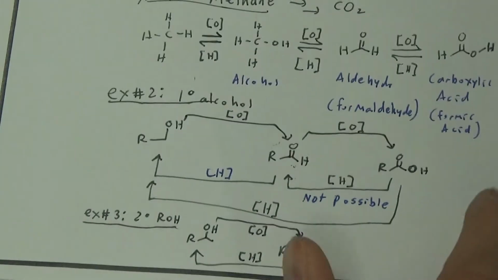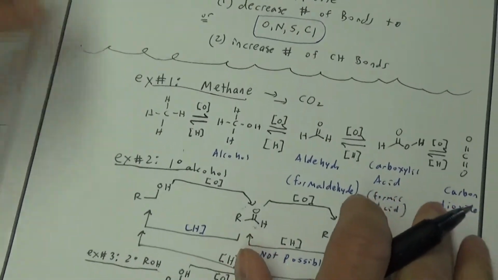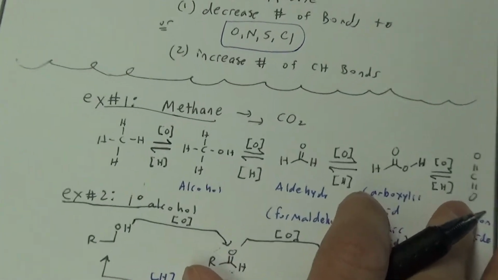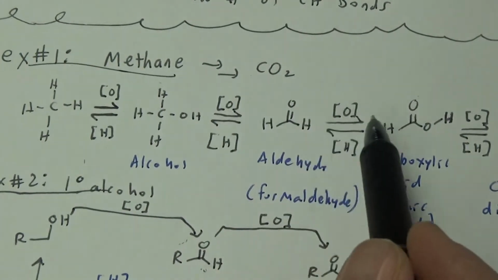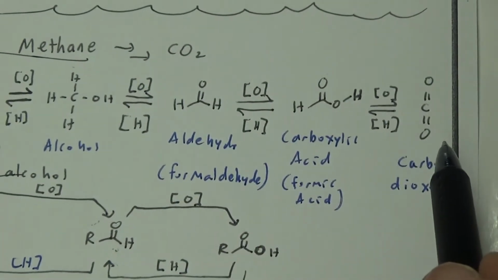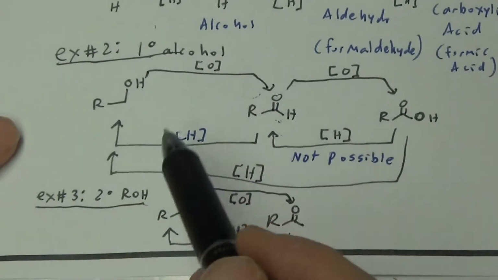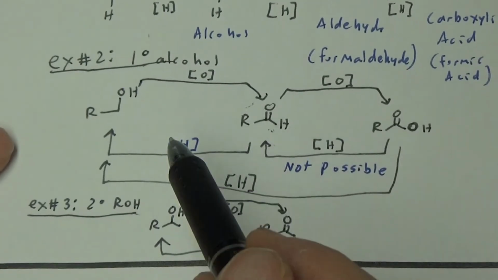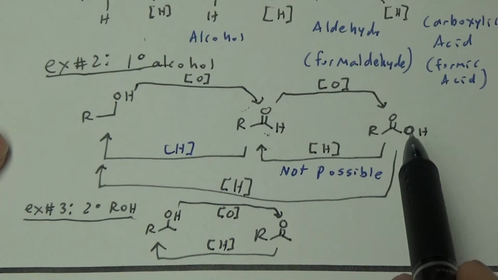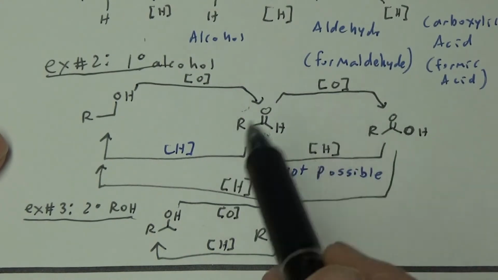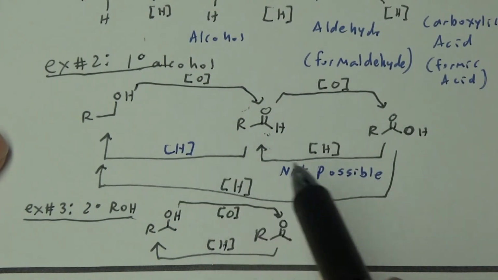And so this shows everything again, and we stepped through them all. With methane, it's complicated because you have a whole bunch of different oxidation states, all the way up to carbon dioxide. Primary alcohol is a tad less complicated. You have primary alcohol, aldehyde, carboxylic acid. Some of the reduction things are not possible.